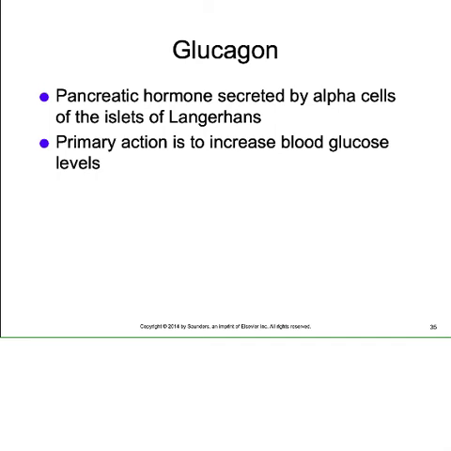And so what those are, the breakdown of glycogen to release glucose into the blood, that's glycogenolysis, and gluconeogenesis is the production of new glucose from compounds like glycerol, okay, that are part of stored fat. And the result then is the blood sugar levels are going to go up.